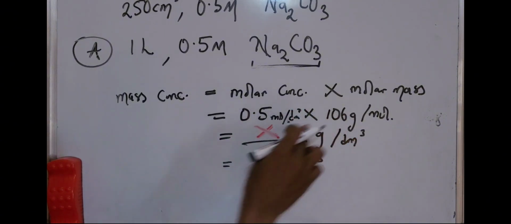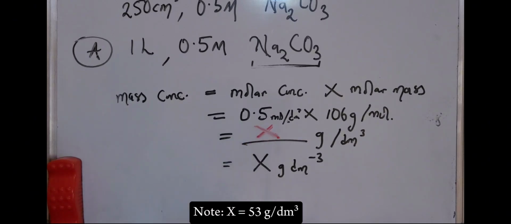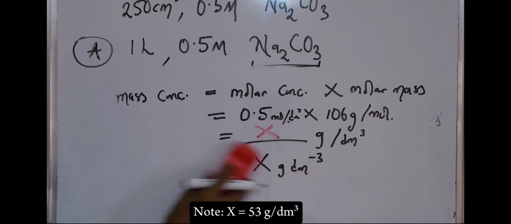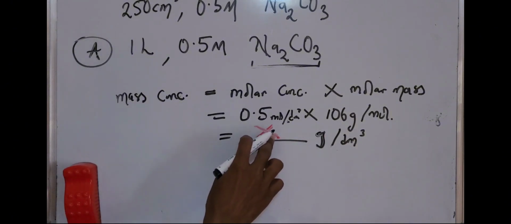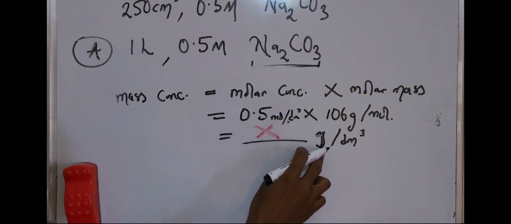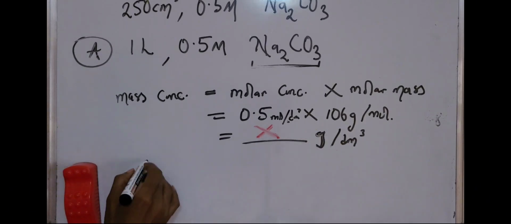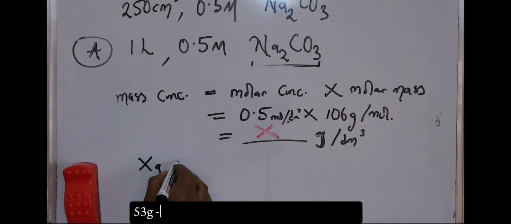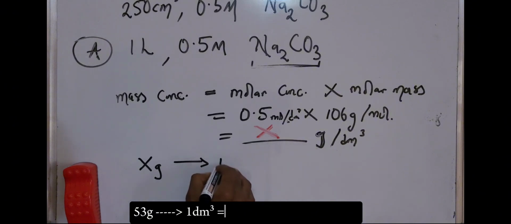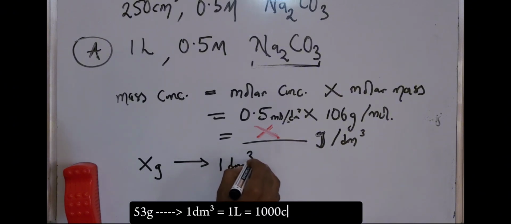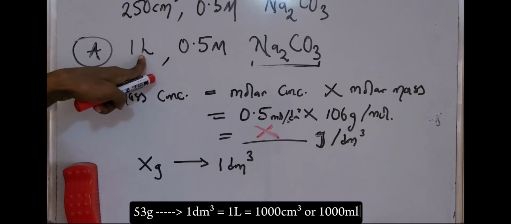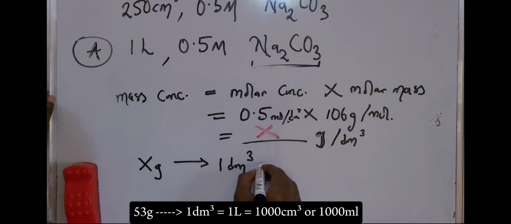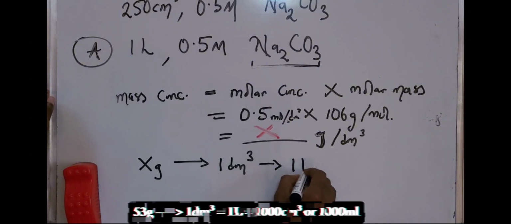Remember, once you multiply this, the value has to be put here. So if you want to interpret this, it means we are going to have this amount in gram dissolved in 1 dm cube. That means you have x gram dissolved in 1 dm cube, right? But look at this, you are working in liters. Now 1 dm cube is equivalent to 1 liter.